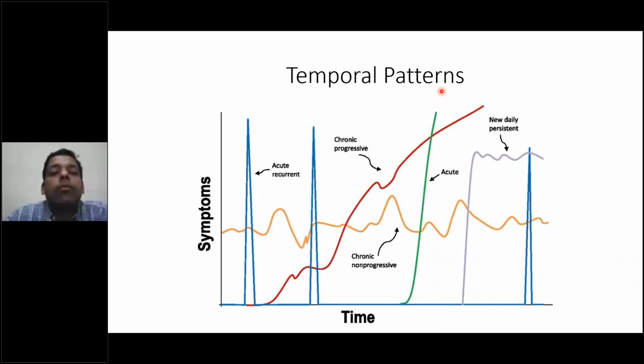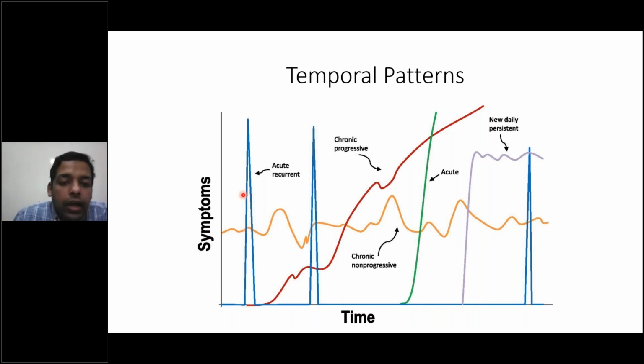Now, after the history, we need to also assess the temporal pattern of the headache. The headache may either be like this green line, that is the symptoms suddenly rise over a very short period of time, and this is the first time it has occurred, so it is an acute headache.